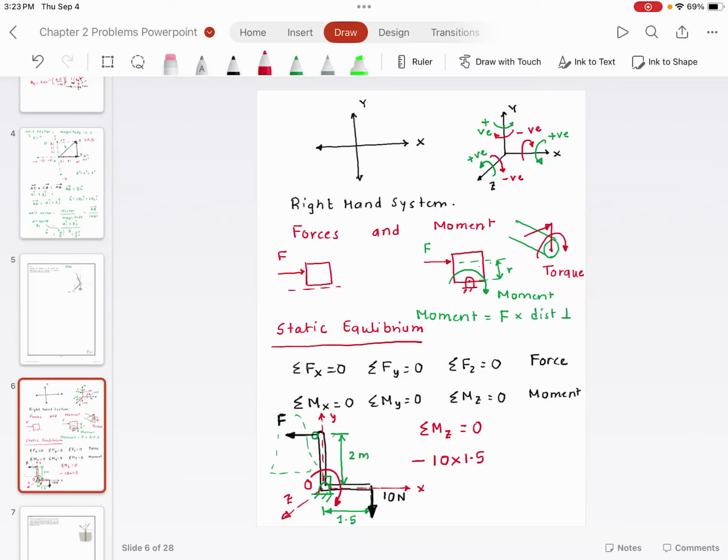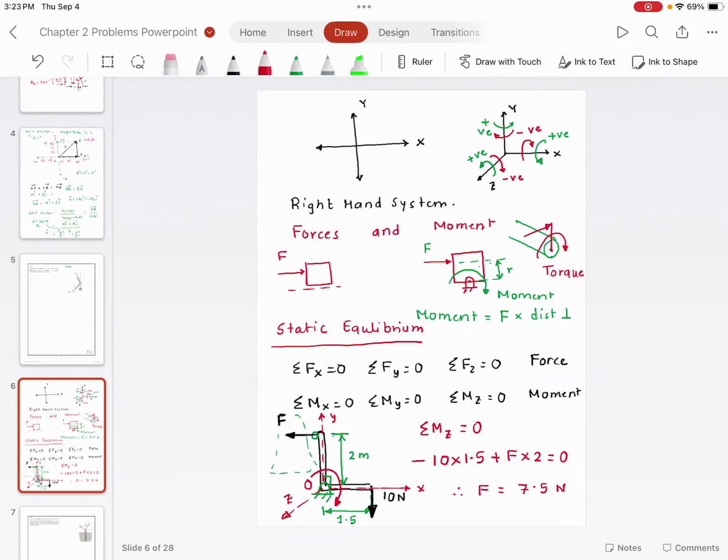So it's going to be plus F times 2 is equal to 0. Now, once you solve this, you get the value of F as 7.5 meters. You agree with me?